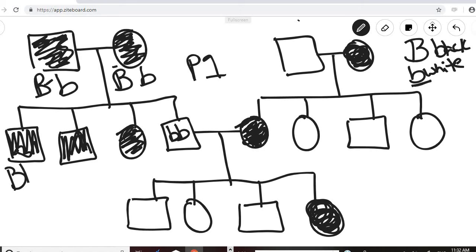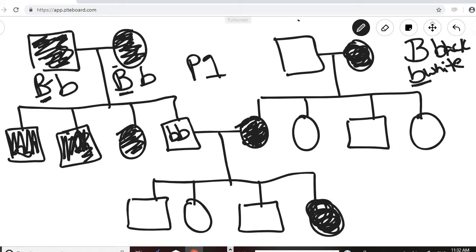Okay, so they could be this, or they could be this, because each of them could have gotten a capital B from the parent, but one could have gotten a capital B from one and a lowercase b from the other. So we don't know what their genotypes are, except that we know that they are black. Okay, what was that? A circle, a square? Okay.